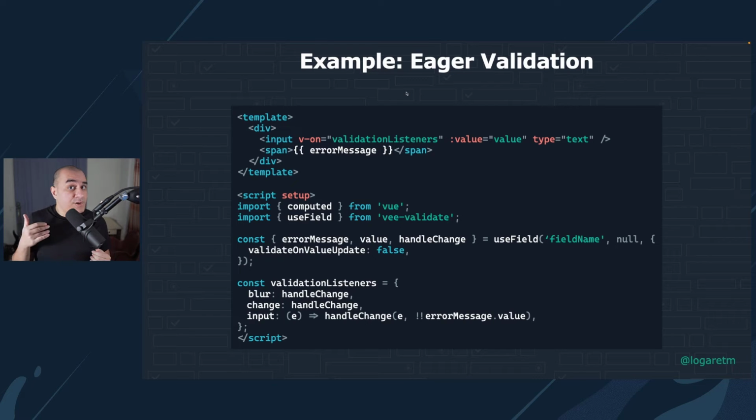So it validates whenever the user leaves the input, so on change or on blur. However, sometimes you also want it to be aggressive. So when the field is already invalid, you want it to be eager for success. And you really want to have the two at the same time. This is why it's called eager validation.